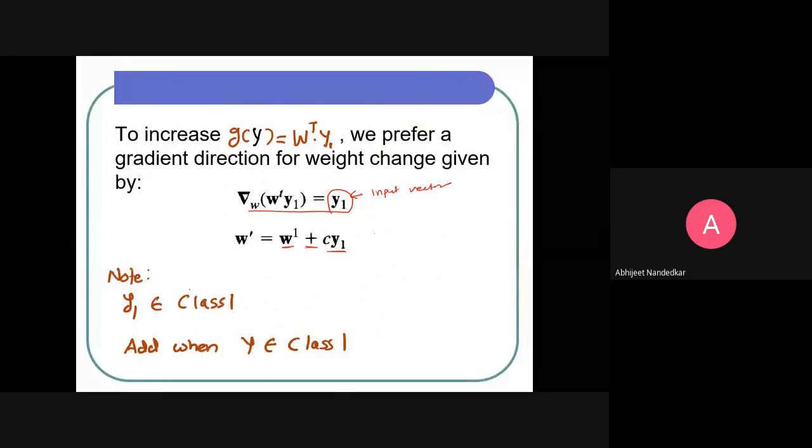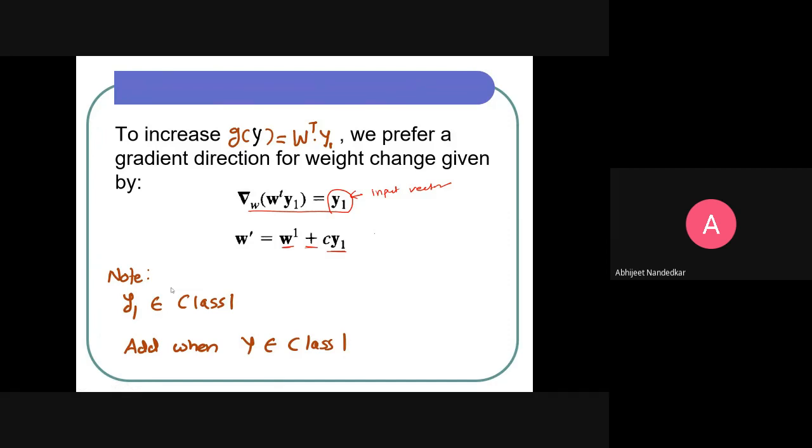So note that Y1 belongs to class 1, and then we add delta W in the direction of Y1.